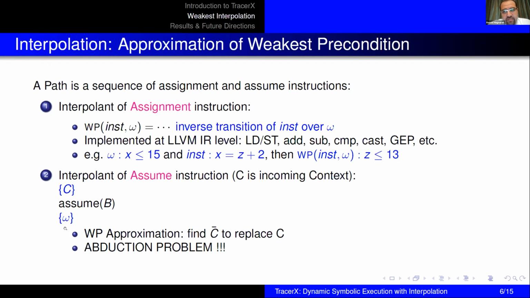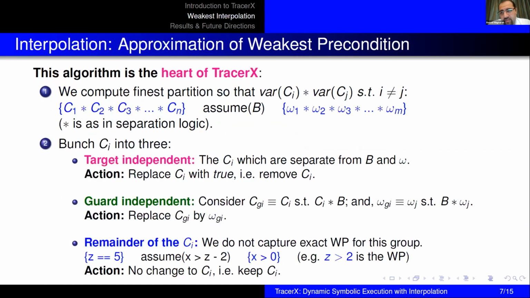This is the general abduction problem. There is no general way of solving this problem, and we have to come up with a customized algorithm to deal with this issue for assume instructions. The algorithm that I will be presenting for the assume instruction is the heart of TracerX and what we have been trying to develop and use. And this is what differentiates us from other symbolic execution tools.